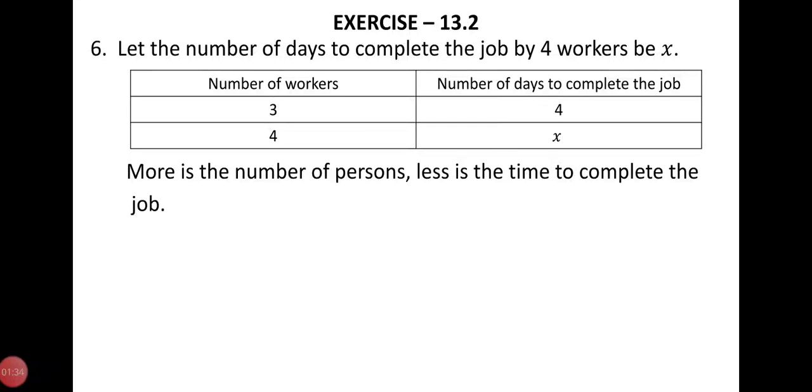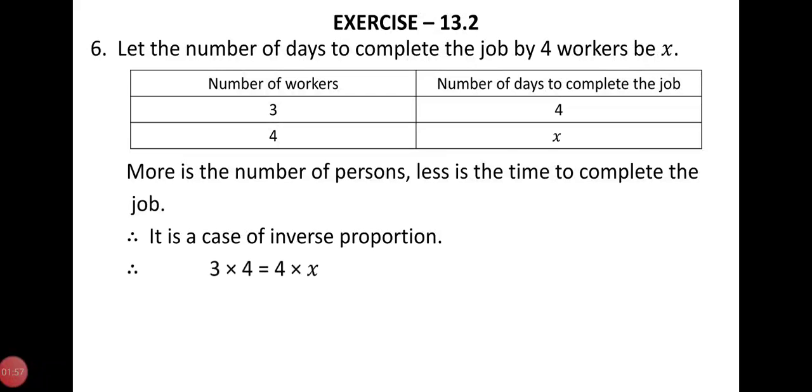More is the number of persons, less is the time to complete the work. We know that if more persons are working to complete some task, then it will take less time. And if fewer persons are working to complete the given task, then it takes more time. Therefore, it is a case of inverse proportion.